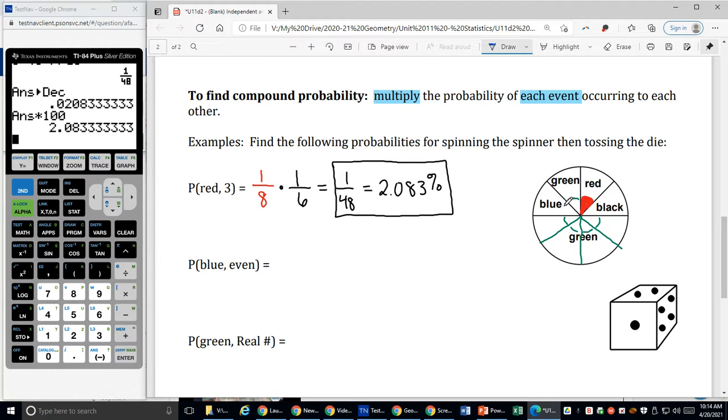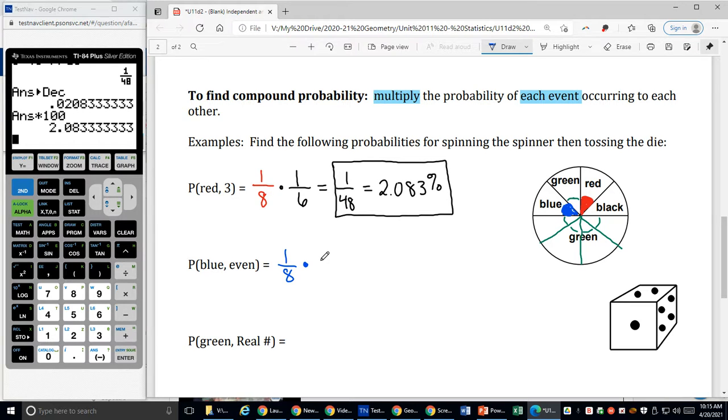Okay, so there is 1 blue section on my spinner board or my wheel. So 1 out of, there's still 8 on here, then times on my die, we've already looked at even. We know it reduces to 1/2, but even if you don't want to reduce it, you don't have to.